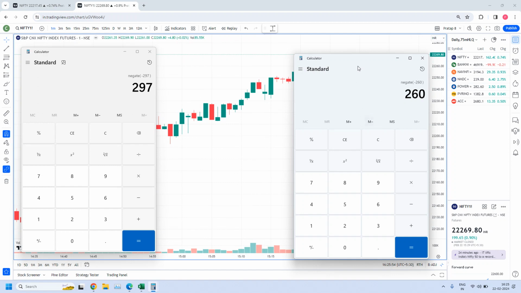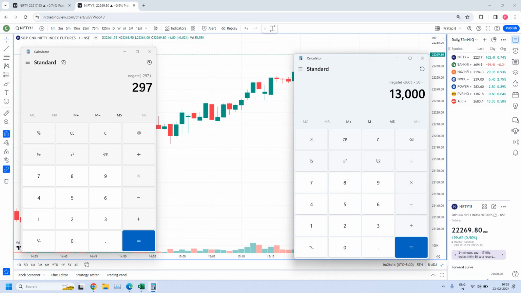So which one do you have to take for your calculations? This 260 is your profit, multiplied by 50 because of the lot size. You got 13,000 rupees profit by taking one futures. This is equity.